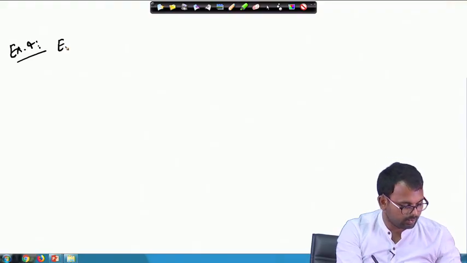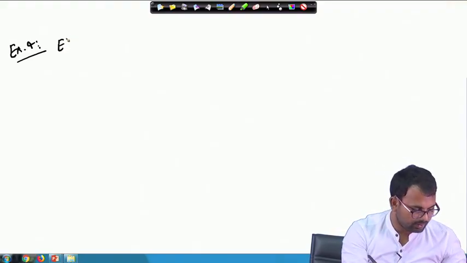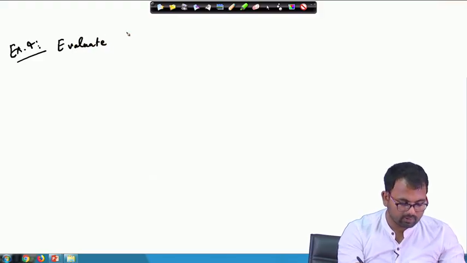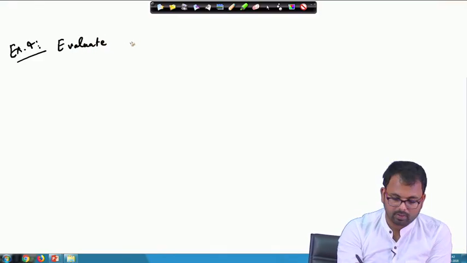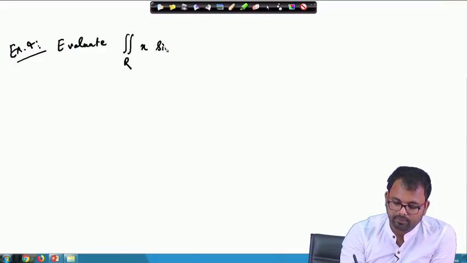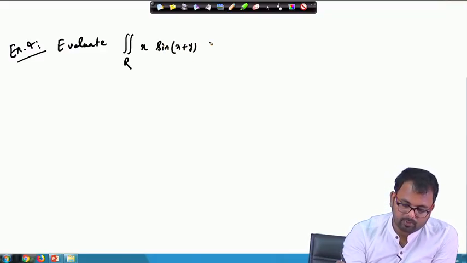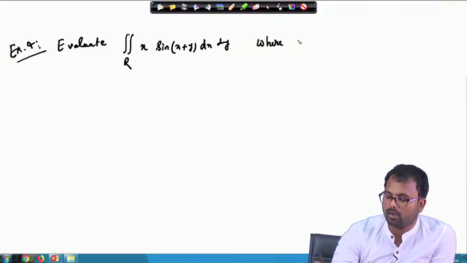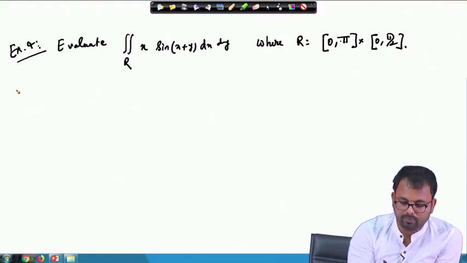So, evaluate the integral over the rectangle R of x sine (x plus y) dx dy, where our rectangle R is 0 to pi times 0 to pi by 2.